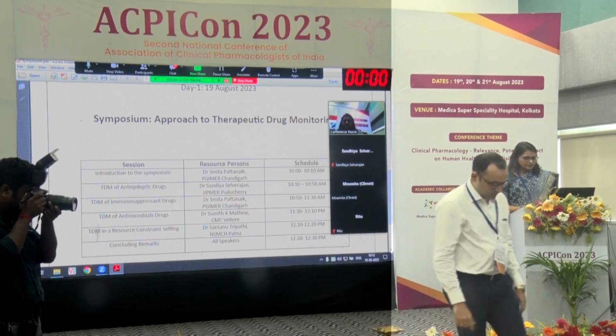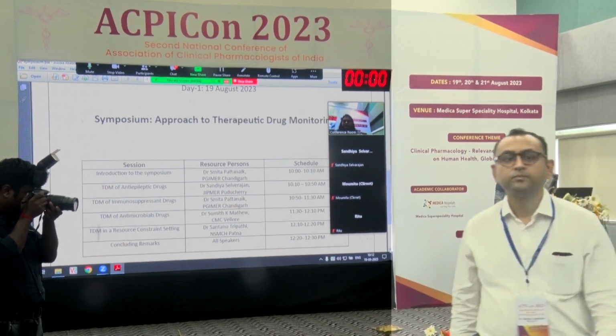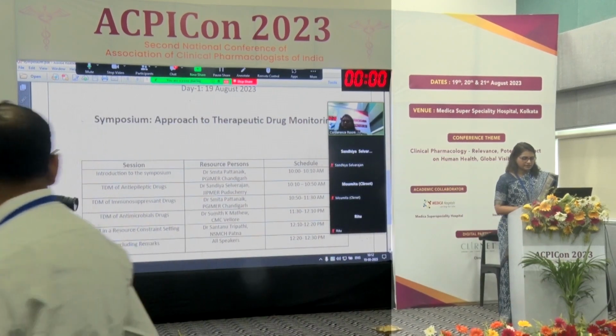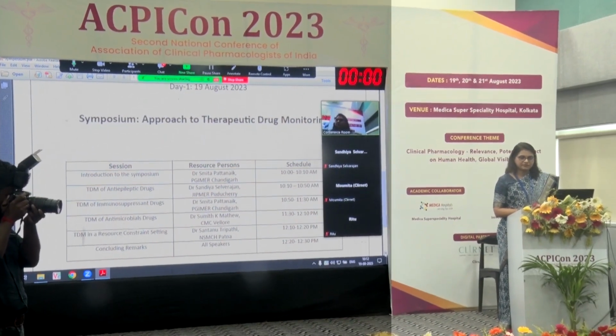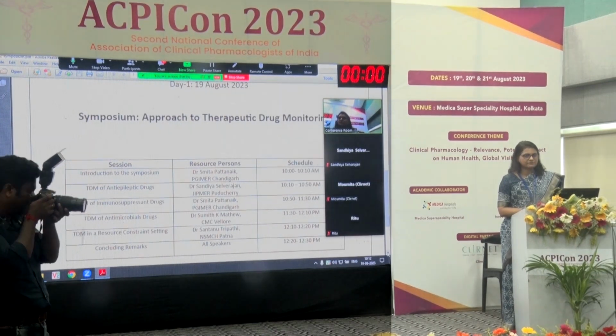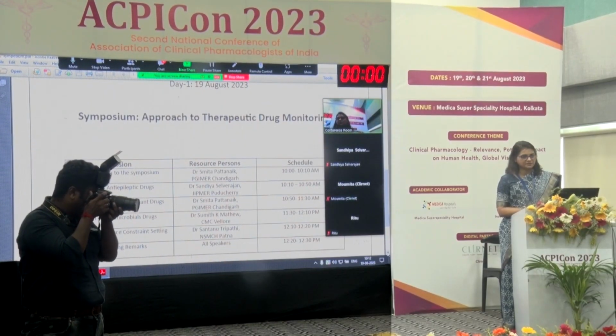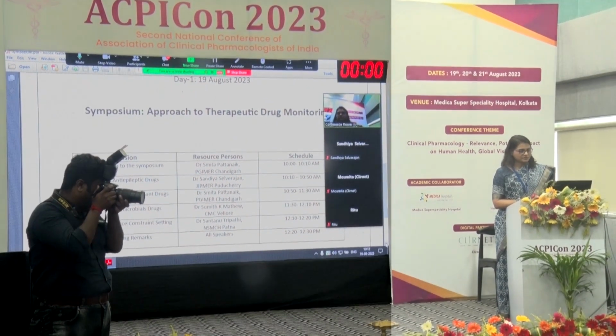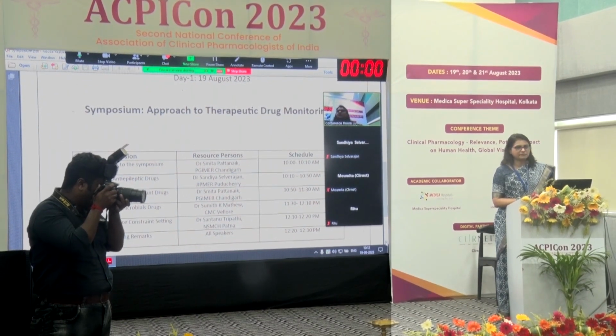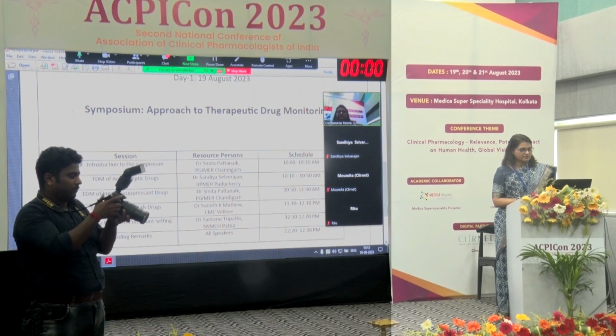Okay. So next we will be having the TDM of immunosuppressant drugs, and though CMC Vellore has the maximum experience, Dr. Sumit Matthew would be presenting the TDM of antimicrobials, and we will be taking on the TDM of immunosuppressant drugs.